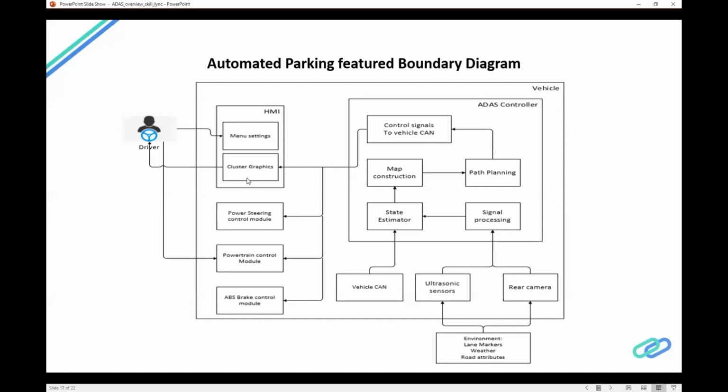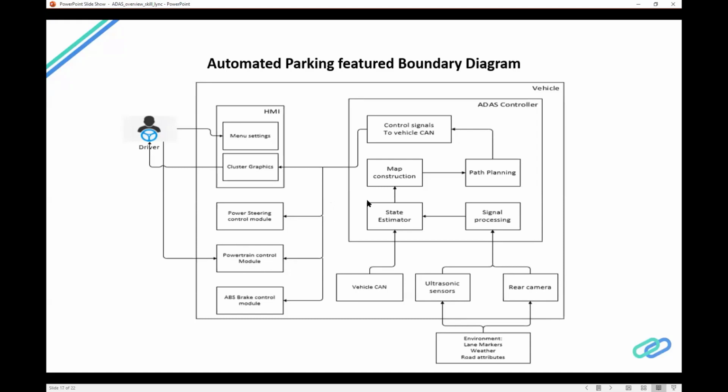So first output is, of course, the graphics. You will be able to see it on the screen or with the 360 camera view on how the car is performing. And there will be inputs to the power steering module based on how much steering angle left or right is supposed to happen. Third will be the powertrain control module. This is again a two-way approach.